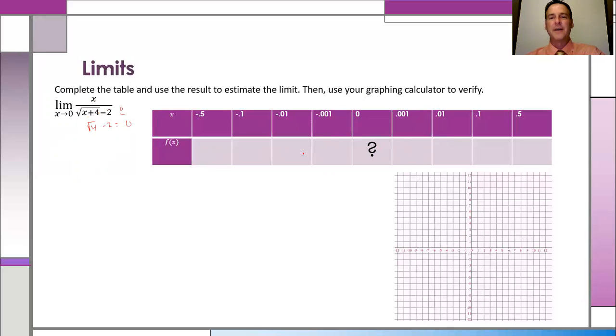And let's see if the left side is equal to the right side, okay? And maybe it is, and maybe it's not. But if it is, then that means that I have an answer, okay? And if it's not, then we'll talk about that.